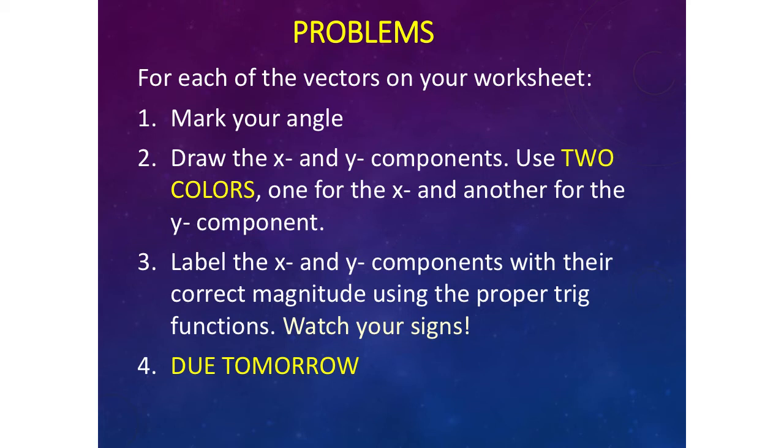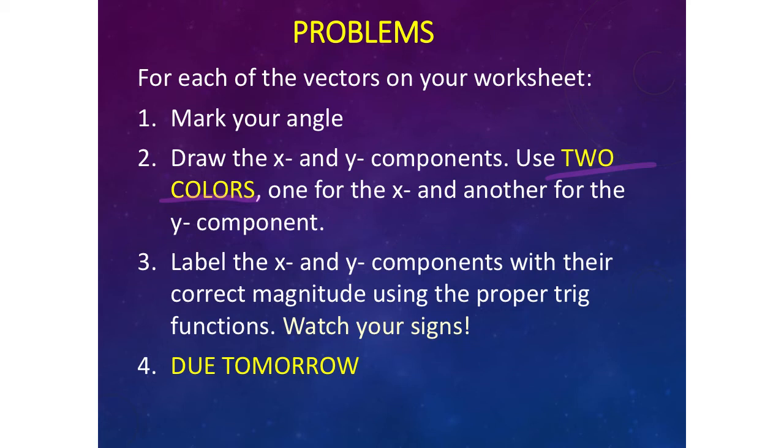Most important thing though here, folks, you are going to need to use 2 colors. Use one color for the X all the time and another color for the Y all the time. For example, use red every time you draw an X component vector arrow. I would even use it to write out and do the math. Then use maybe blue. You know, I don't care what colors you use, but use blue maybe for the vertical component. But keep them separate.